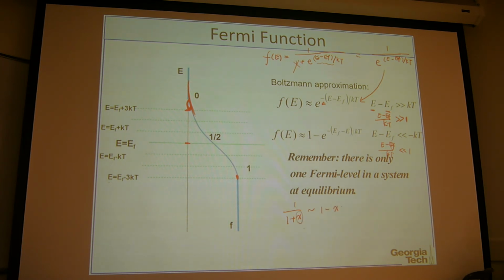If x is a very small number, then you can get this kind of Taylor expansion. Then if you use this Taylor expansion, you will get this kind of approximation.